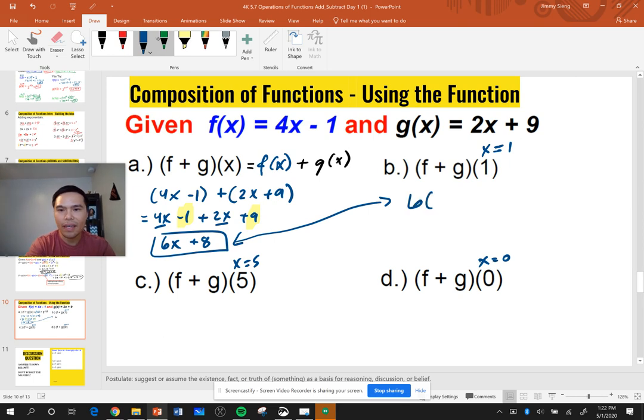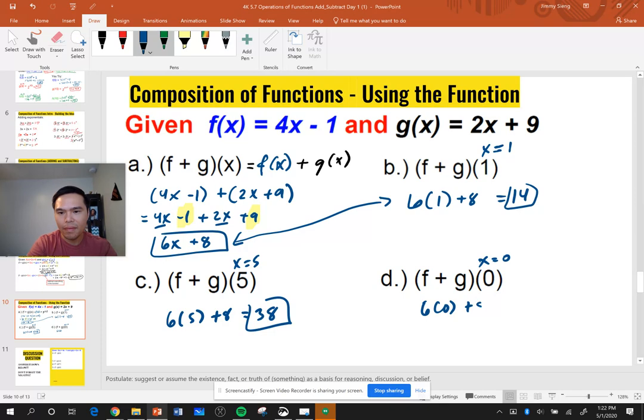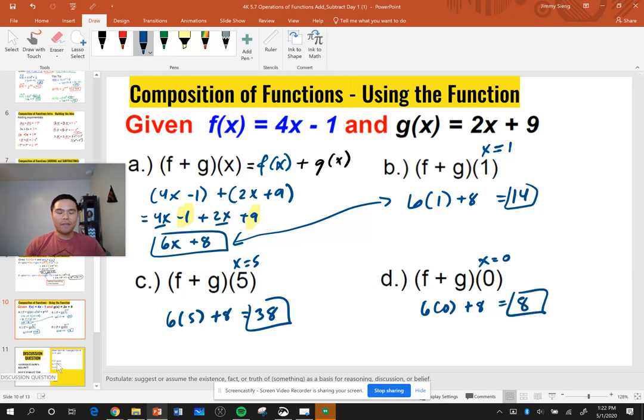So 6 times 1 plus 8, that's just 14. And then this one is going to be 6 times 5 plus 8, that's just 38. And then you throw in that 0, that's just 8.